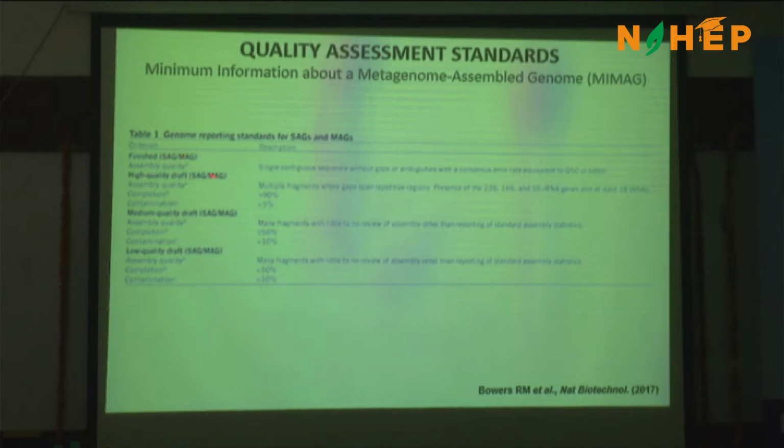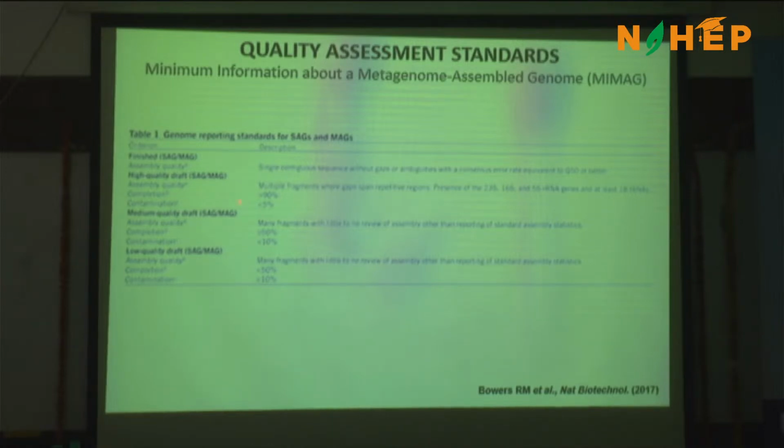What they did was settle the standards for metagenome assembled genomes, for bins. For example, to have a finished MAG, or a finished bin, you need a single contiguous sequence without gaps, so basically a 100% correct genome.